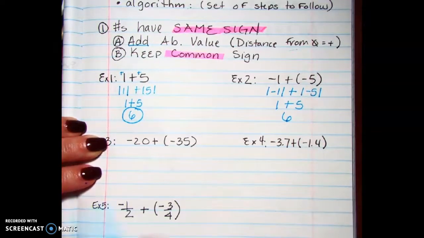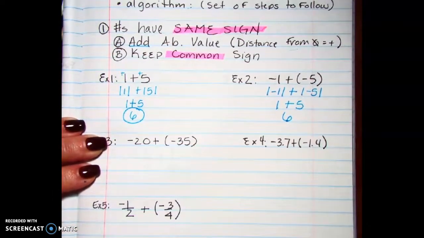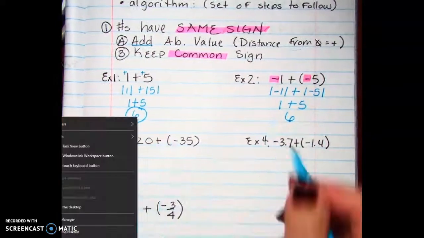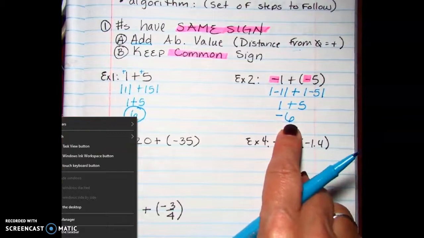However, now I go to B and I have to keep the common sign. I look and I see, what's my common sign? Well, in my original problem, they were both negatives. So I have to make sure I put this one as negative.